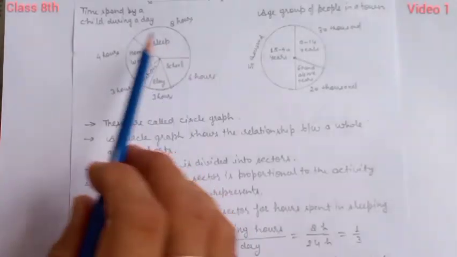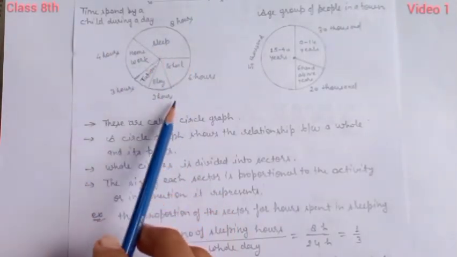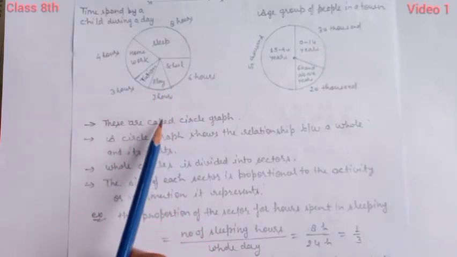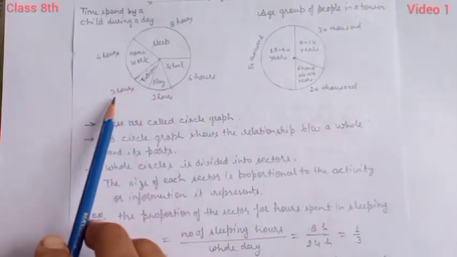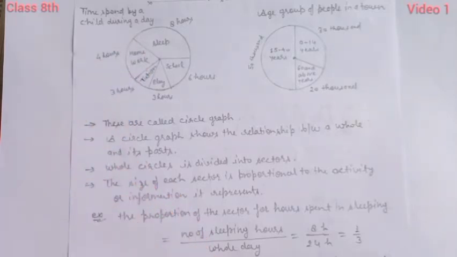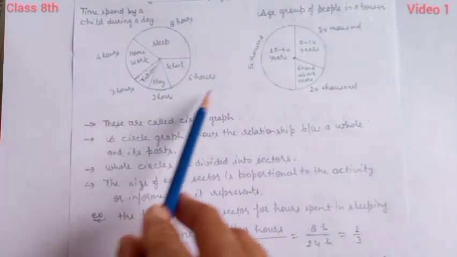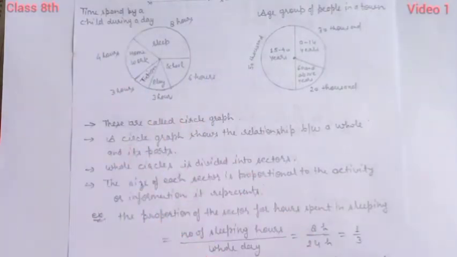In a similar way, you can find the fraction for all: 6 upon 24, 3 upon 24. Here also tuition time is 3 upon 24, and homework is 4 upon 24. After getting all the fractions, when you add them all, you will obtain a whole number, that is 1 only.